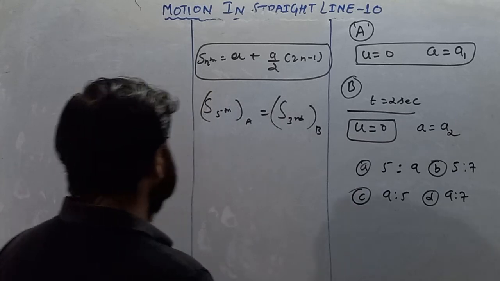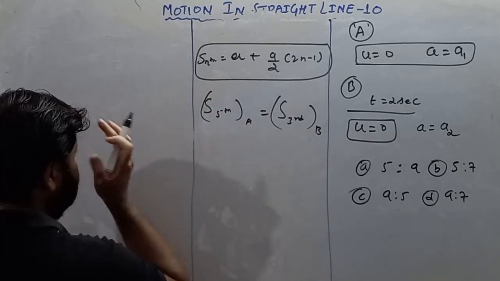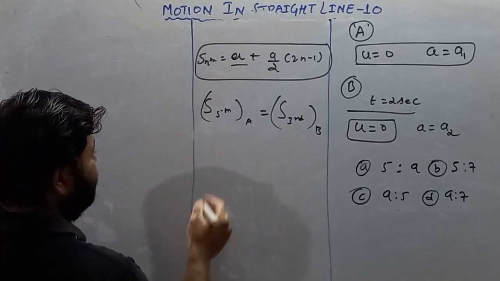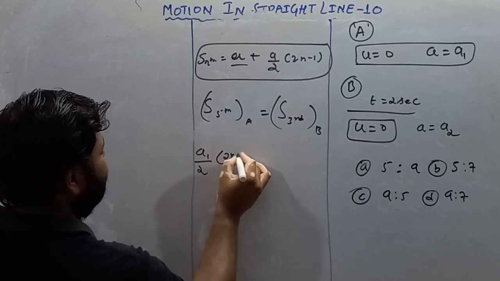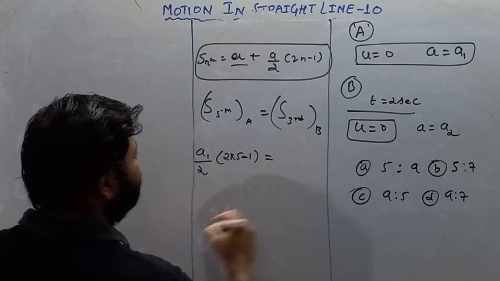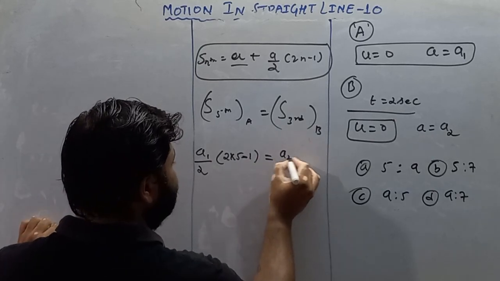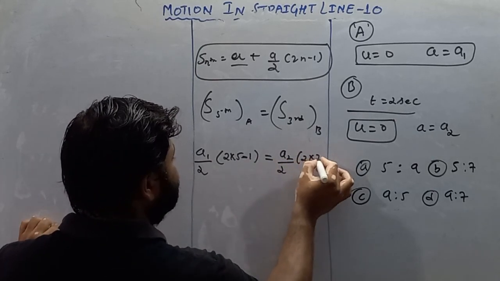So I'll use the formula. u for both cases is 0, so a1 by 2 into (2 into 5 minus 1) must be equal to a2 by 2 into (2 into 3 minus 1).